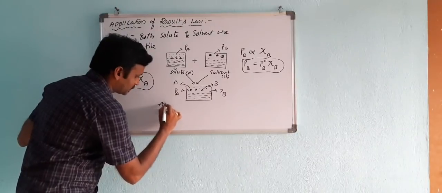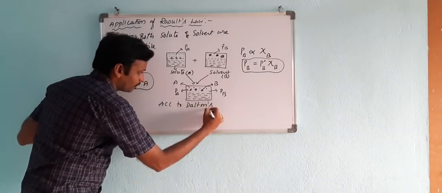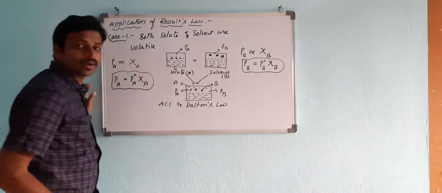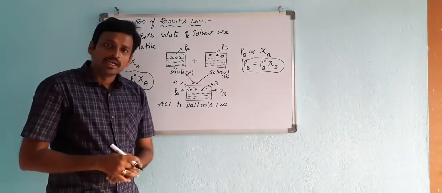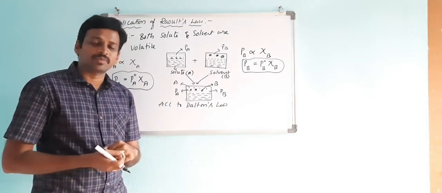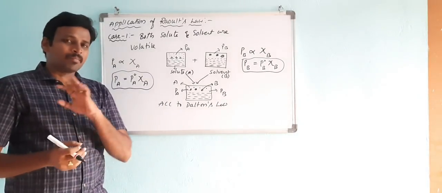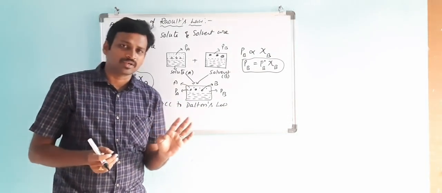According to Dalton's law, which you have in 11th standard: the total pressure exerted by a gas mixture is equal to the sum of the partial pressures of the individual gases. Partial pressure, vapor pressure, don't get confused.